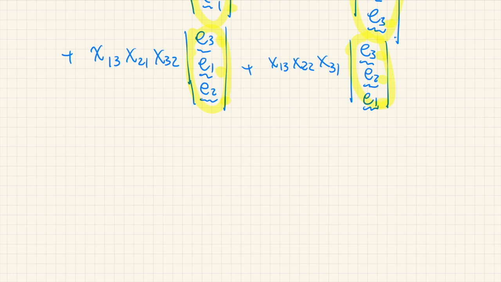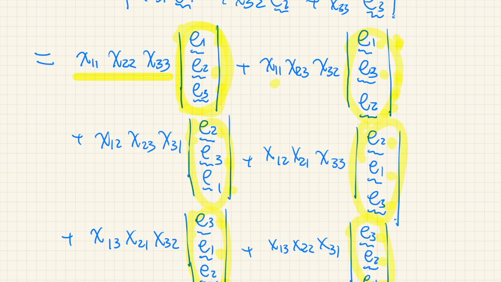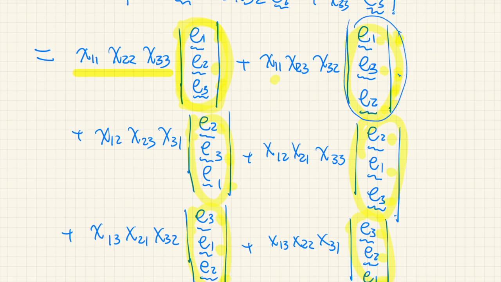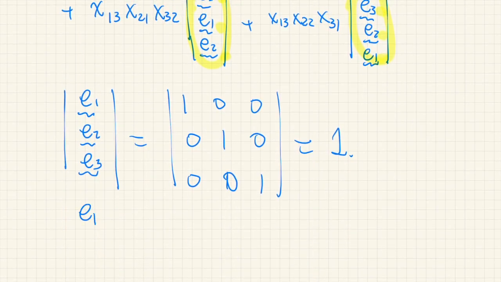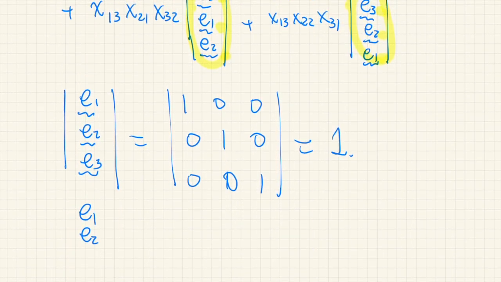Okay, so if you expand this using their components, this is the determinant of the identity matrix, 1, 0, 0, 0, 1, 0, 0, 0, 1. If you calculate this, it is equal to 1. For example, let's consider this one, 1, 3, 2: E1, E3, E2.